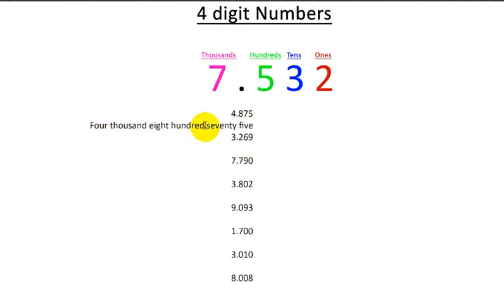Okay, so here we have 4,875. Next up, let's see. We have 3,269.